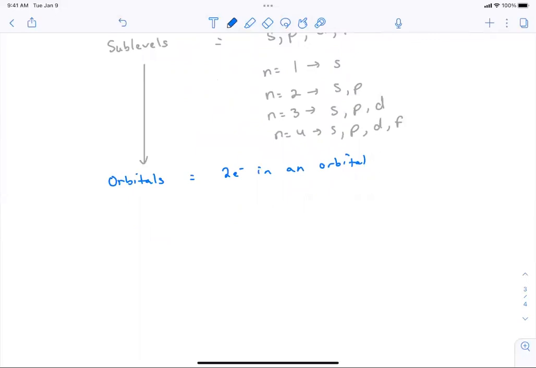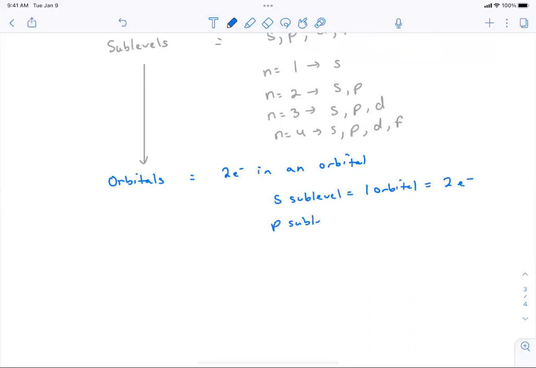So it doesn't matter if it's a P orbital or an S orbital or an F orbital, it can only hold 2 electrons each, no matter what. But because each sublevel has a different number of orbitals, it can hold a different number of electrons. So an S sublevel has 1 orbital, which means it can hold 2 electrons.